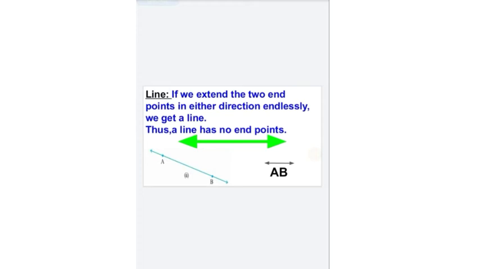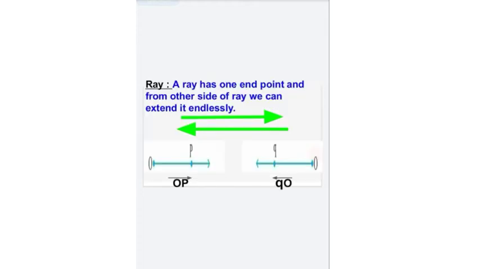Now I hope it is clear to you how we can represent the name of a line and a line segment. Similarly, we have the case of a ray. Let's first focus on the definition of a ray: a ray has one endpoint, and from the other side we can extend it endlessly.